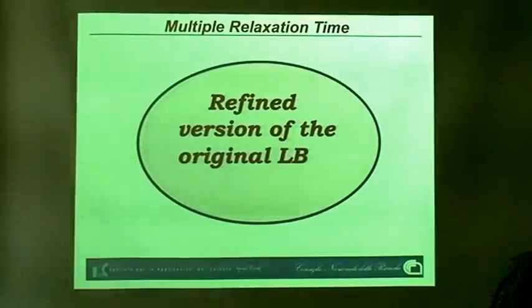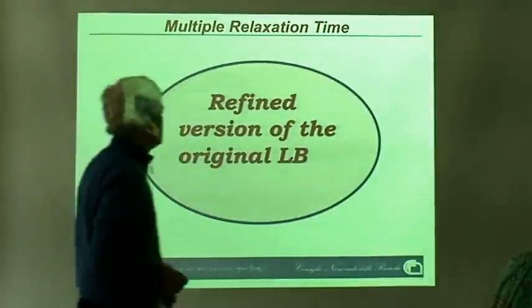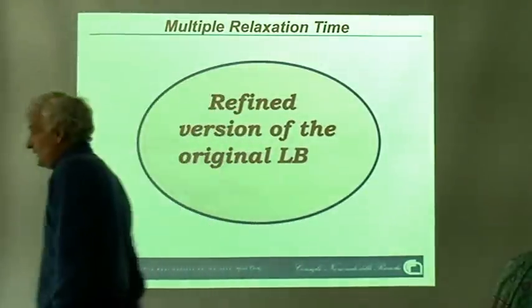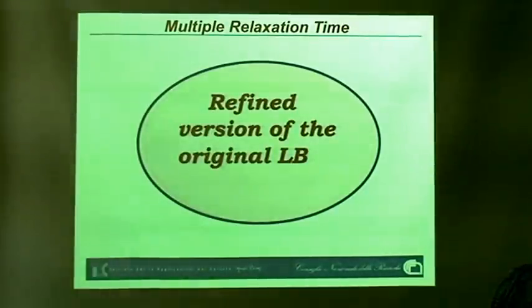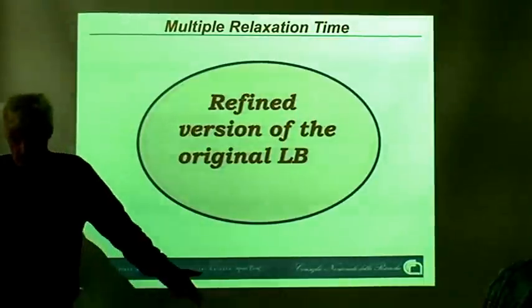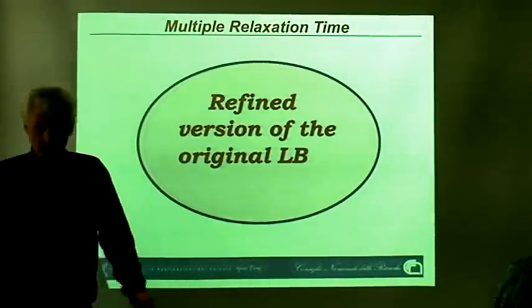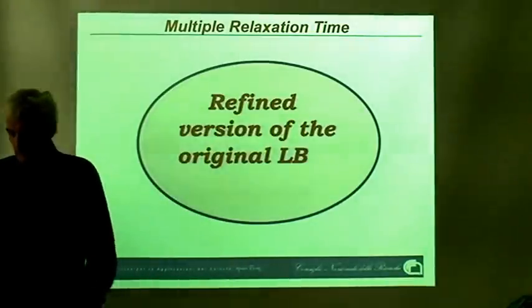And now, if there are no further questions, we move very shortly on to the multiple relaxation time model, which really is a refined, optimized version of the Lattice Boltzmann as it was born, because Lattice Boltzmann was born in matrix form, as by now you know very well, and many people just don't know or forget or want to forget, I don't know.